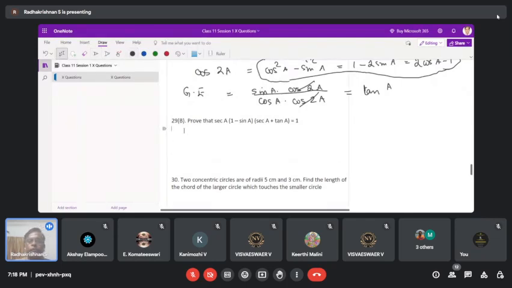Again, use similar identities to prove that secant A into 1 minus sine A, into secant A plus tan A, is equal to 1.